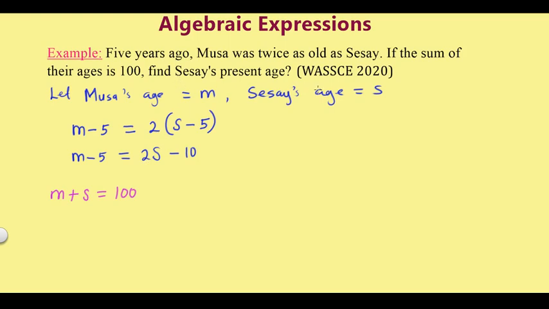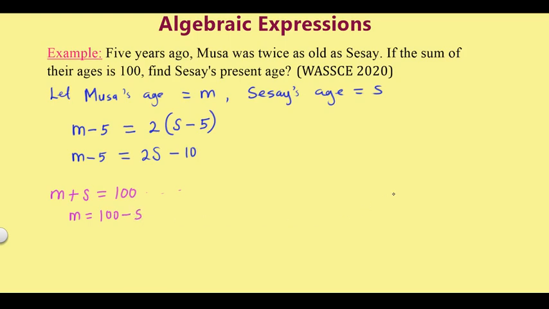Find Sisi's present age. We are looking for S. So to look at that, from this part now, can we make Musa's age the subject of the formula? It becomes M equals 100 minus S.